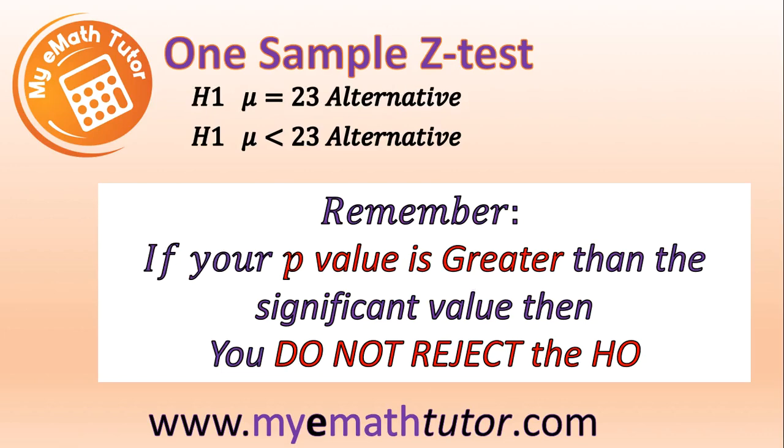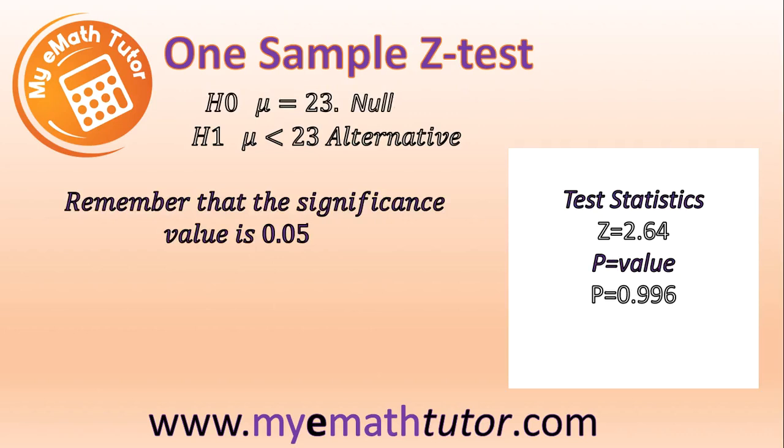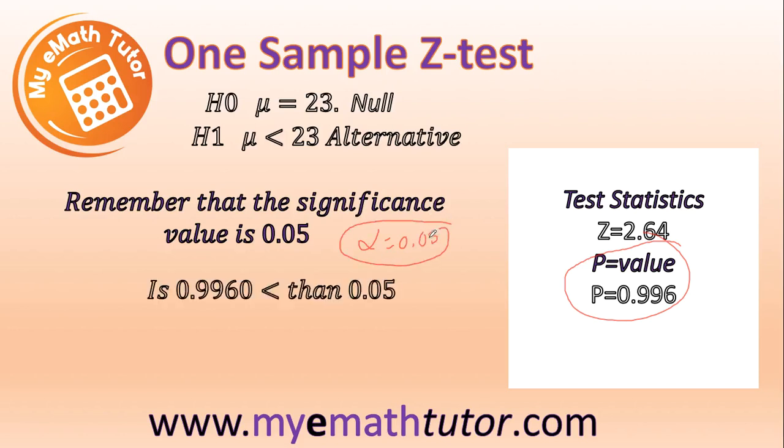In my case, I see that my p-value is 0.996, and we got it from the calculator. Now remember, the significance value is 0.05. This is what we call at the beginning of the problem to test the claim using alpha 0.05. Because 0.996 is not less than 0.05, and remember, if it's less, I reject, if it's not less, I do not reject. I do not reject the null.